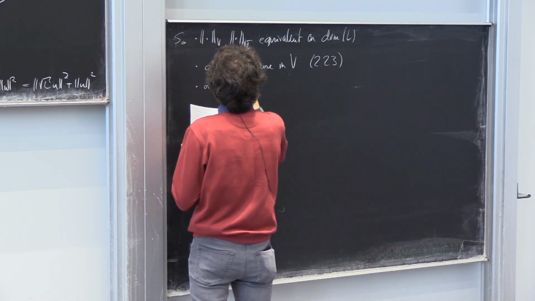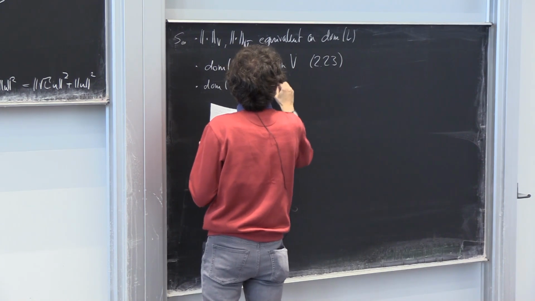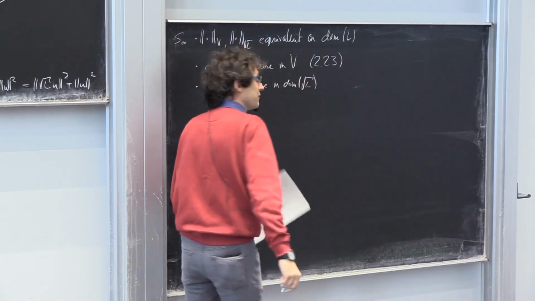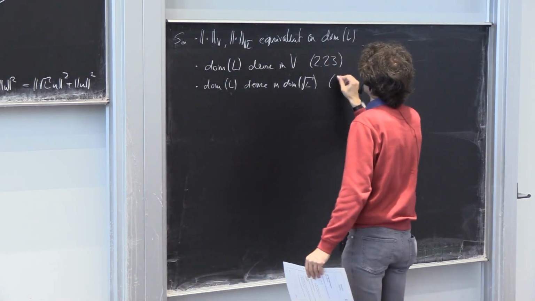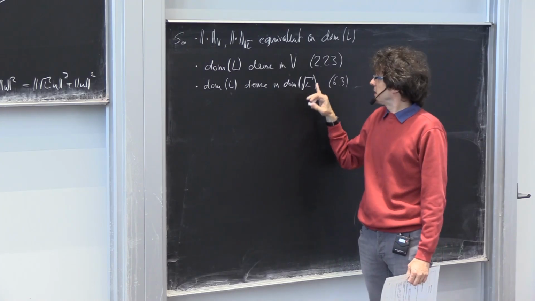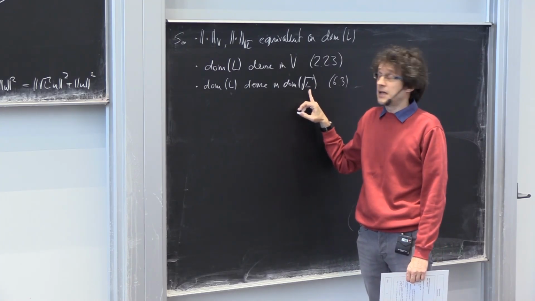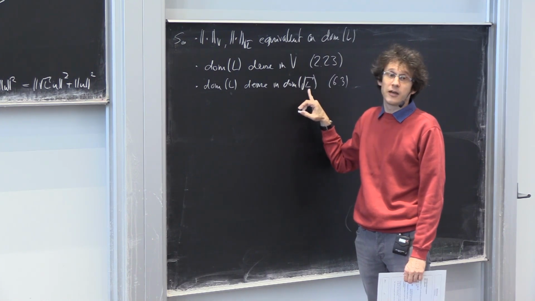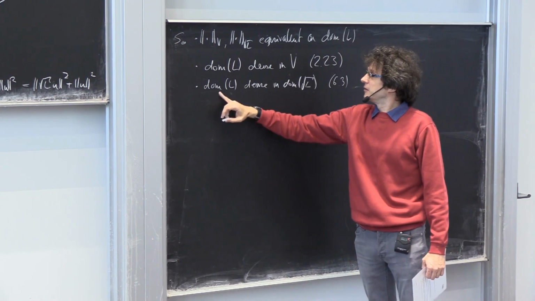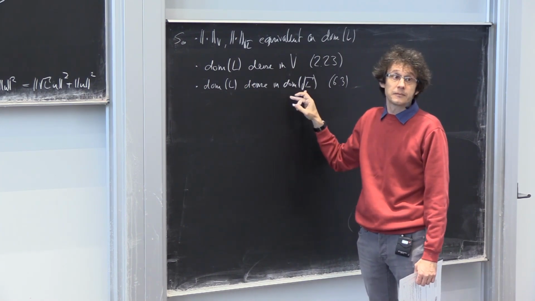On the other hand, you know that the domain of L is dense in the domain of the square root of L with respect to the graph norm. This was 6.3. We showed there that once you have a fractional power, here the power is 1/2, and you take a k that is bigger than the real part of this power, so take 1, since 1 is bigger than 1/2, then the domain of L to the k, so the domain of L, is a core for this one.